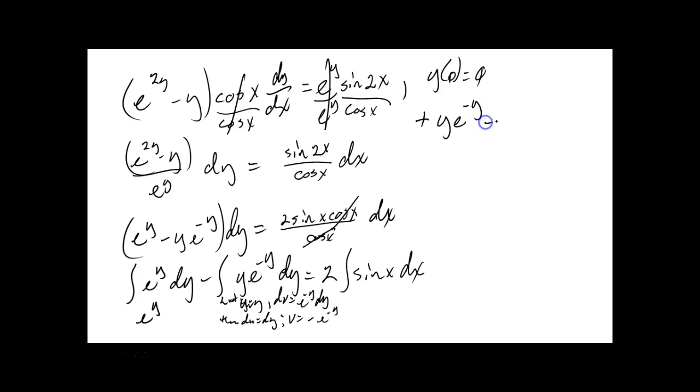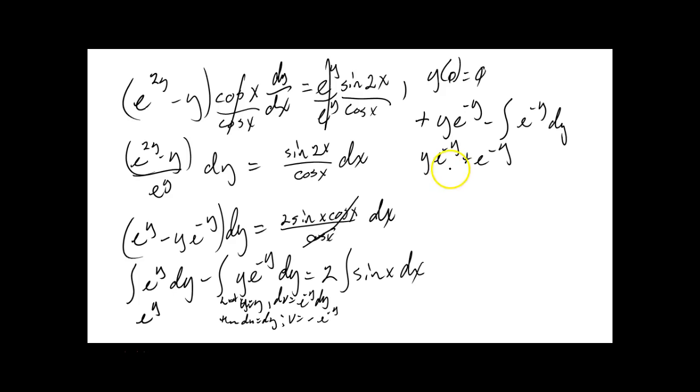So the second part is a minus the integral of v du, which is down here, and that would be e to the minus y dy. So this will be y e to the minus y plus e to the minus y. So that's what the second part gives.